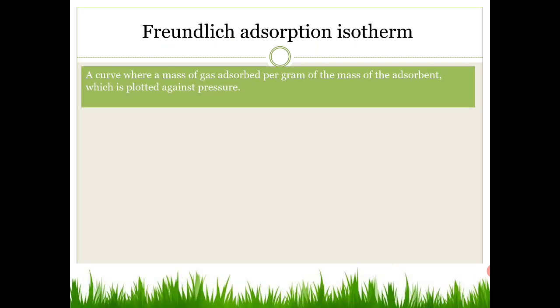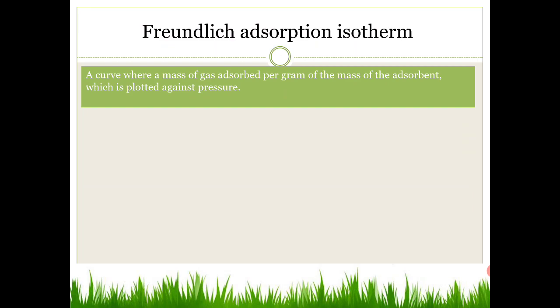A curve where the mass of the gas adsorbed per gram of the mass of the adsorbent is plotted against pressure. What is Freundlich adsorption isotherm? If somebody asks, you can say that it is a graph or a curve. What is expressed by the curve?